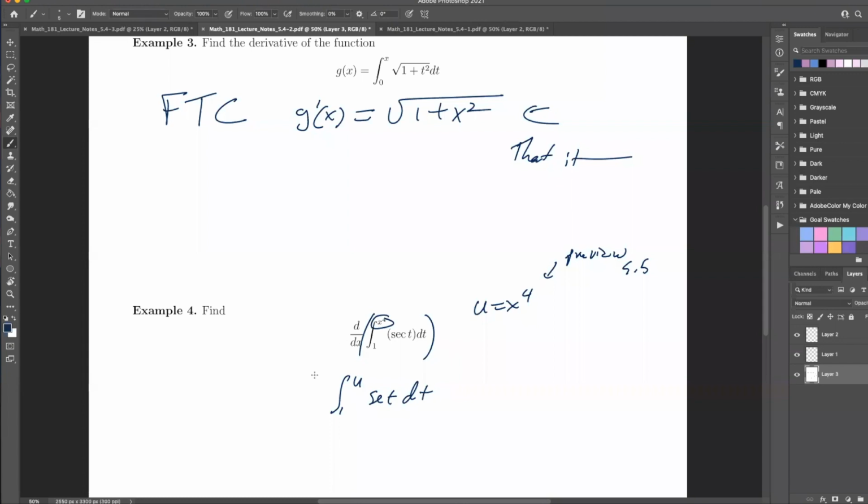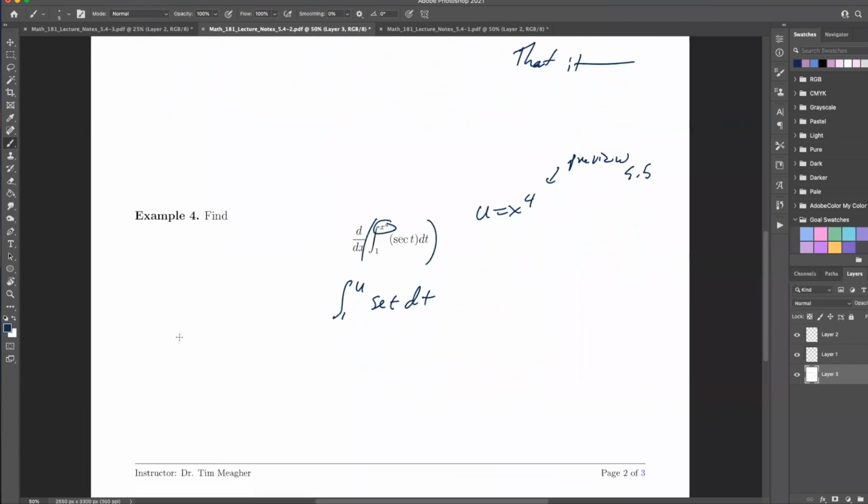And then I'm going to take its derivative. Well, according to the fundamental theorem of calculus, according to FTC, it's d du, and then according to the chain rule, this will be du dx.